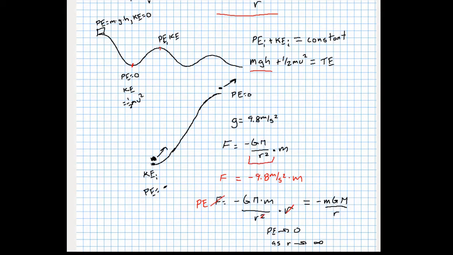So let me get myself a new page, and then I've got that the kinetic energy initial plus the potential energy initial has to be a constant, because you're not going to get any new energy as you are climbing up out of the hill or the valley to get away from the Earth. And you're not going to interact with anything else. We're going to ignore friction and air resistance and things like that.